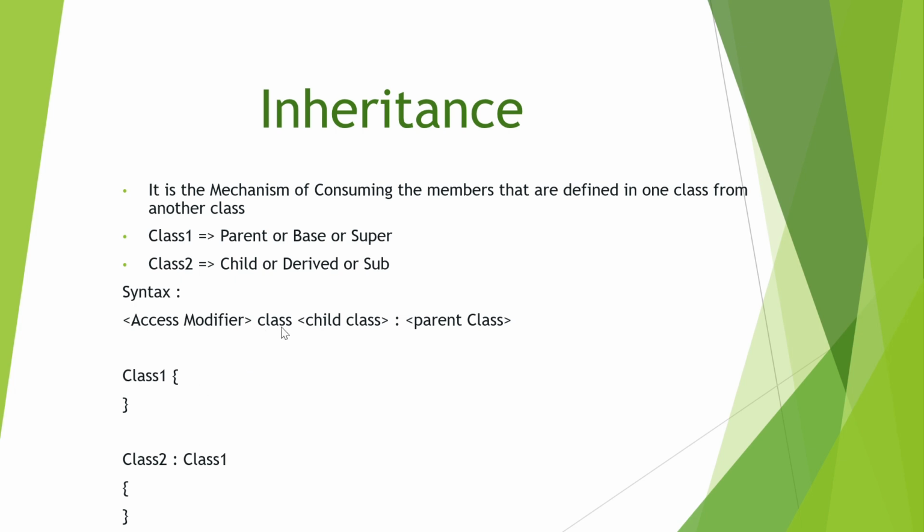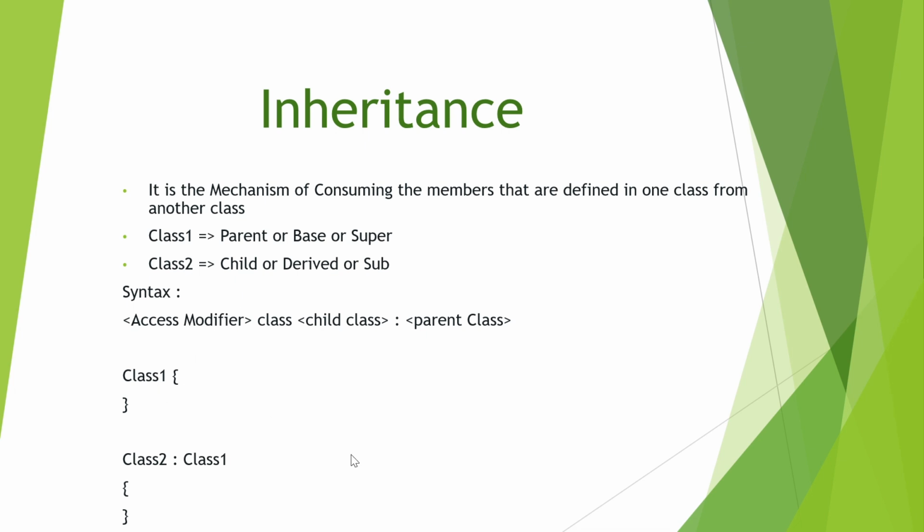Internal class, then the child class name, that is class 2, then the colon, and then the parent class which you want to inherit. Okay, and you can call this class 1 as the parent class or base class or superclass, and class 2 also can be called as child class, derived class or subclass. Throughout the video I am going to use parent and child for parent class and child class.